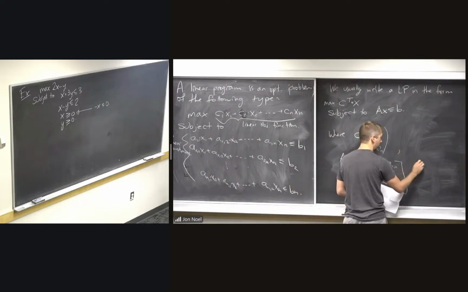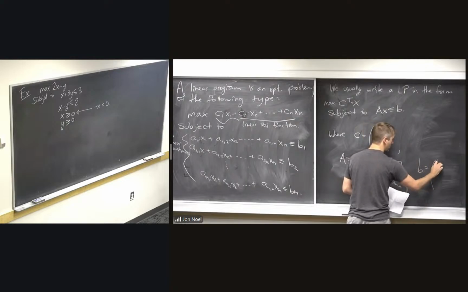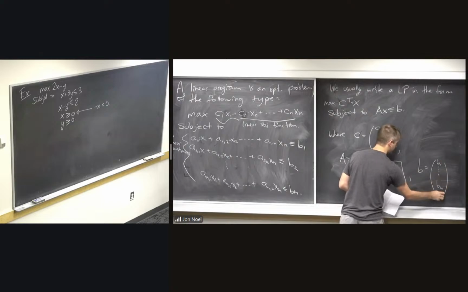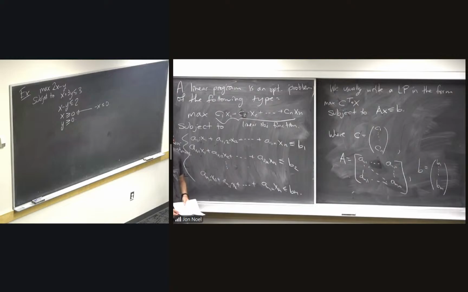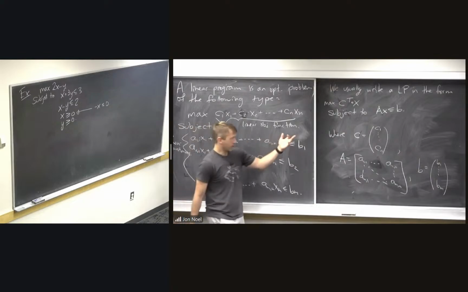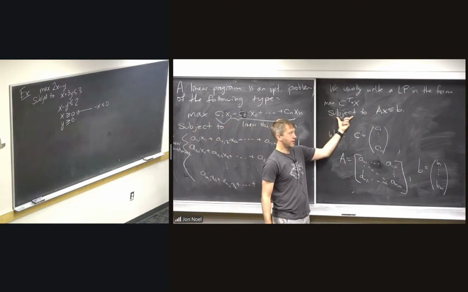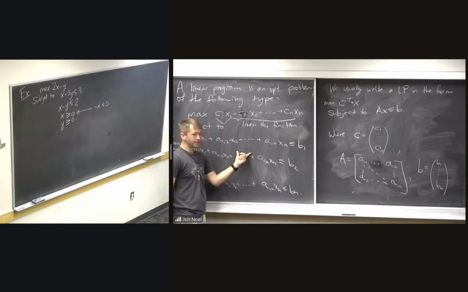And b is just the row vector, or sorry, column vector b1 up to bm. Okay. So this is a much more compact way of writing the same thing as this.